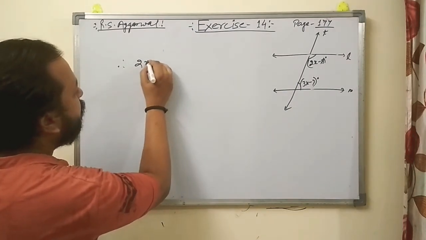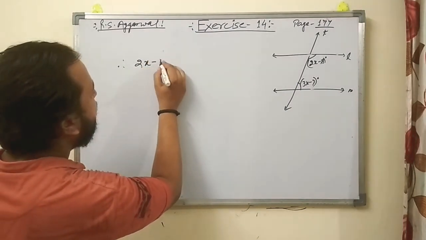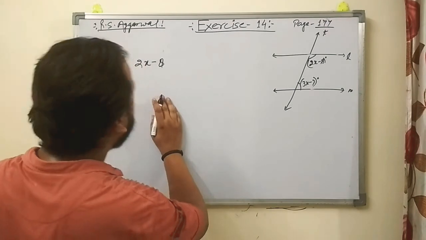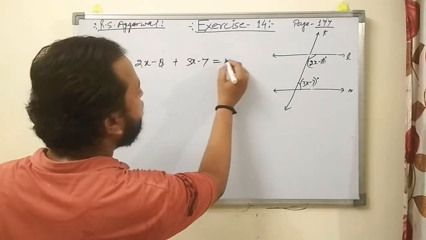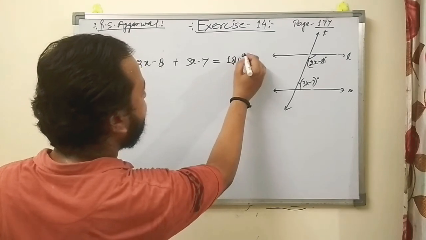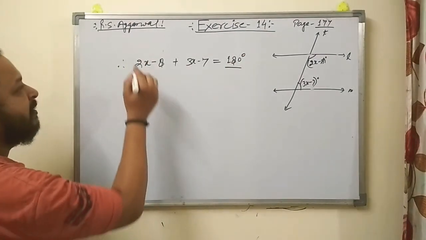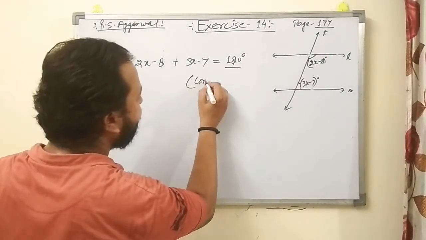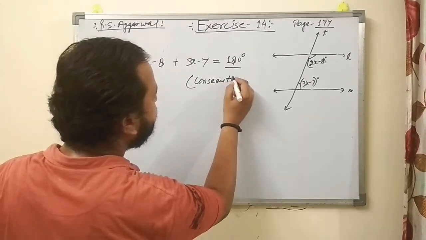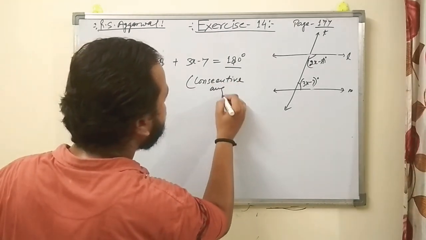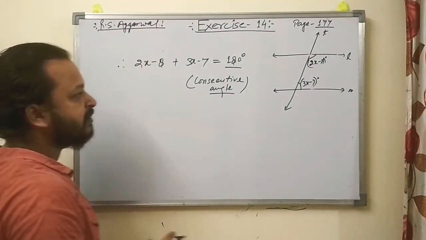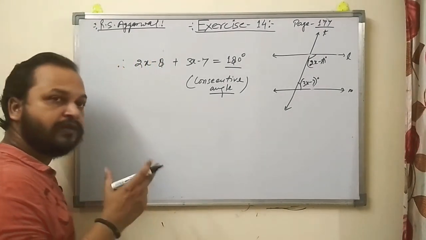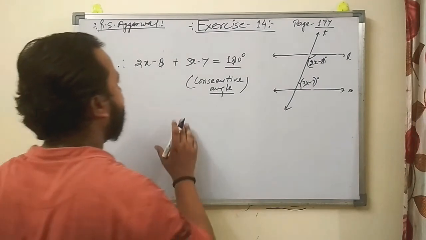So 2x minus 8, right, plus 3x minus 7, that equals 180 degrees, right? Why? Because they are consecutive angles, or you can say co-interior angles, and the sum of co-interior angles or consecutive angles is 180 degrees, right?